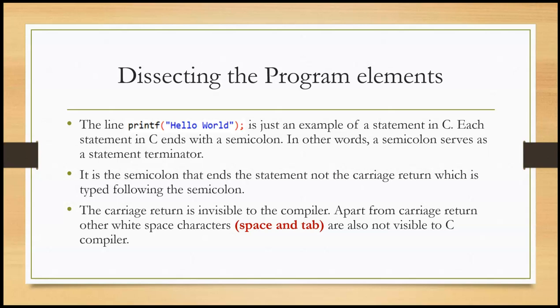It is the semicolon that ends the statement and not the carriage return which is typed following the semicolon. The carriage return is invisible to the compiler. Apart from carriage return, other whitespace characters such as space and tab are also not visible to the C compiler.